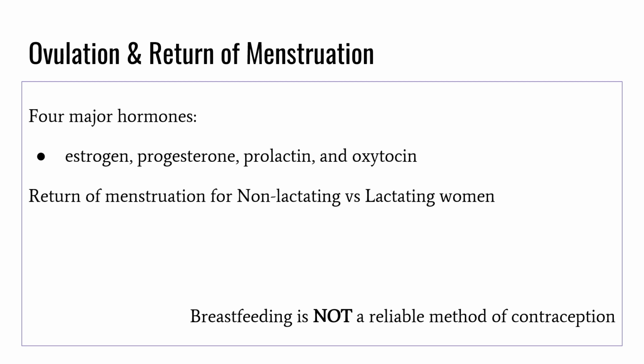The 4 major hormones that are influential during the postpartum period are estrogen, progesterone, prolactin, and oxytocin. Estrogen plays a major role during pregnancy, but levels drop profoundly at birth and reach their lowest level a week into the postpartum period.